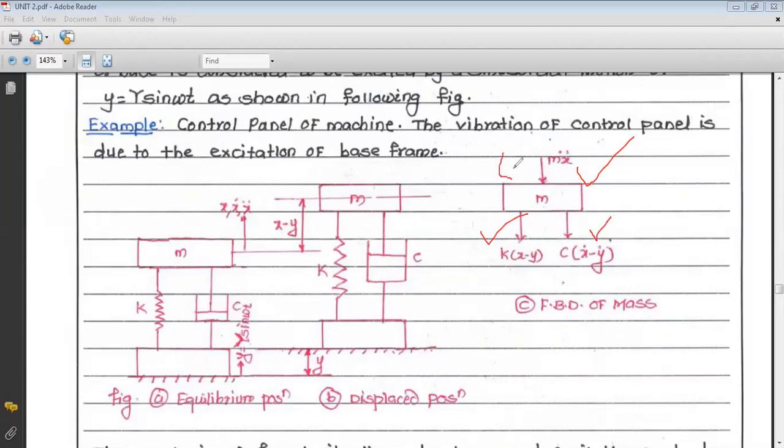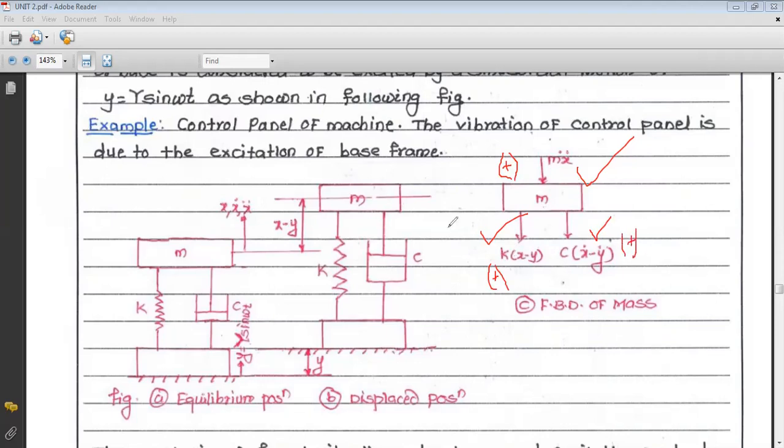So we can take the direction of inertia force as positive. This direction is positive, the same direction is also positive, and even this third direction is also positive.